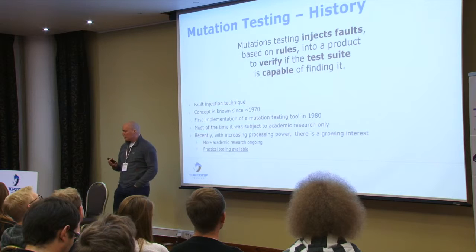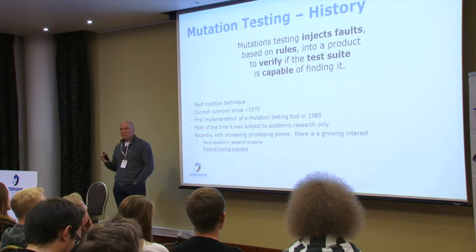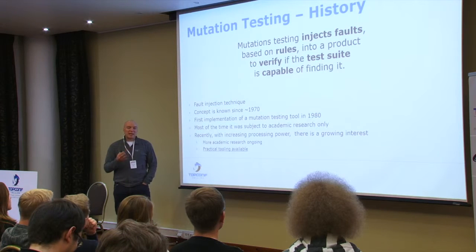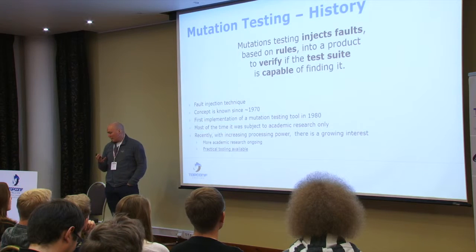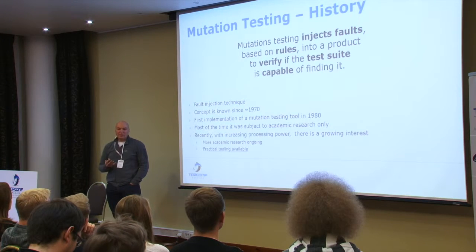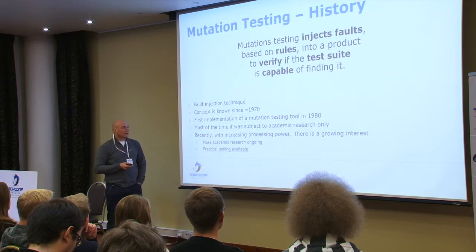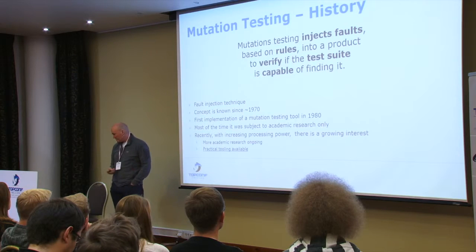Mutation testing is a technique where you inject faults based on rules into a product to check if the test suite is capable of finding that fault. And it's not some random activity, it's a rule-based, systematic activity. The concept is quite old. Let's say in the 1970s they created it.